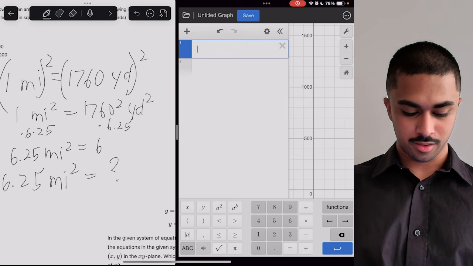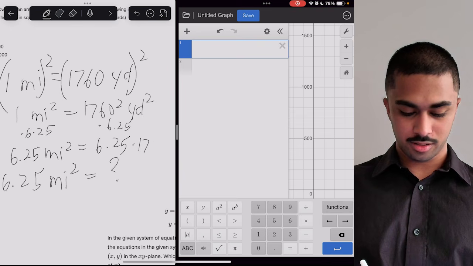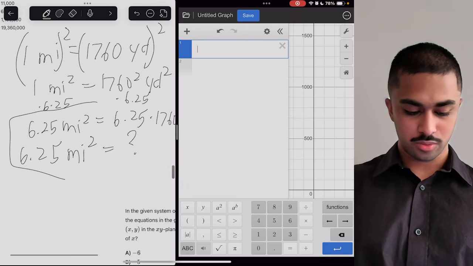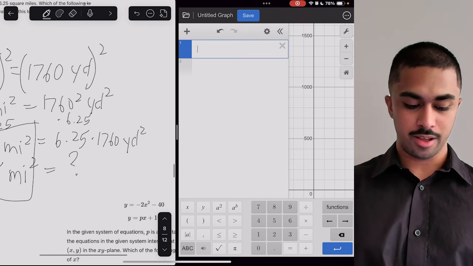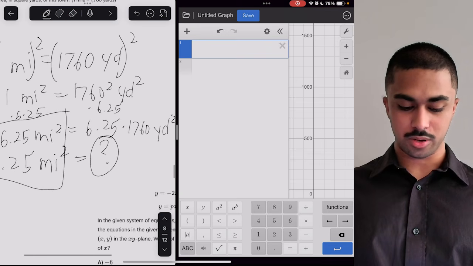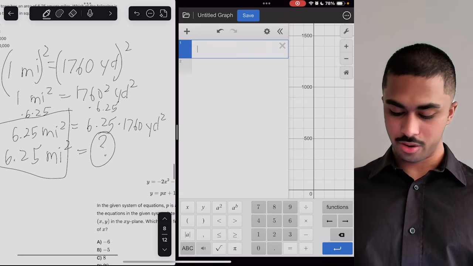Okay, so we multiplied this to both sides, and make sure that these two that you end up with match so that this question mark is equal to whatever this is, because you got the correct ratio.